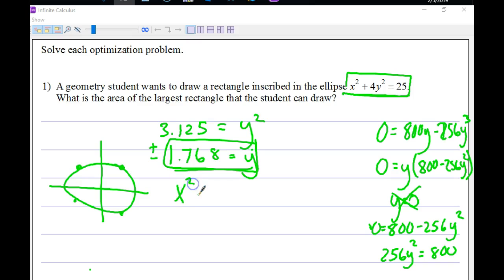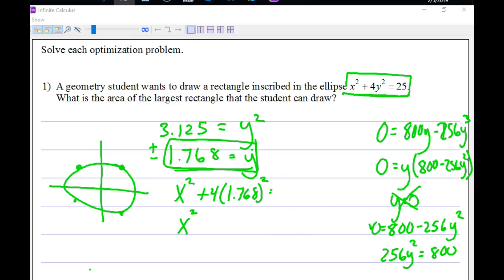So we have x squared plus 4 times my y value squared. So that's going to be 5. It's not equals y, you guys.